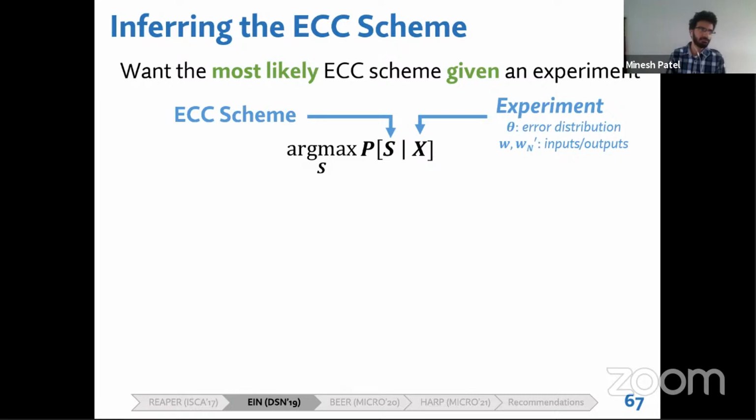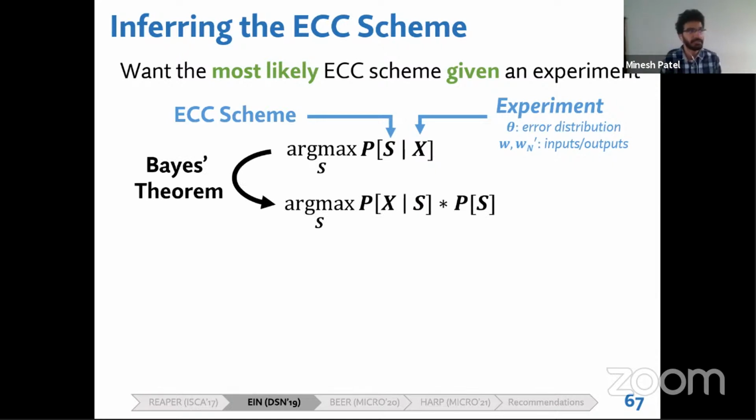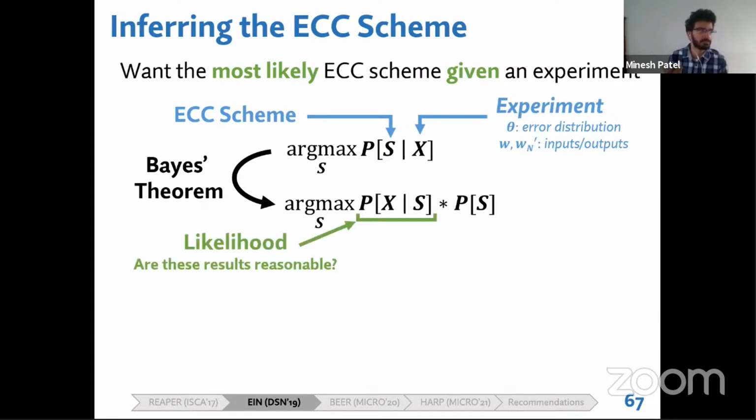It's difficult to evaluate this directly because we can't easily answer what the probability of a given scheme is. So we invert this quantity using Bayes' theorem, and express it as the probability of X given S times the probability of S. This is a much more tractable expression because the probability of X given S represents the likelihood, which simply asks, are these results reasonable given a particular ECC scheme? So the ECC scheme here is not an unknown, it's something that's given. The prior just represents how likely S is.